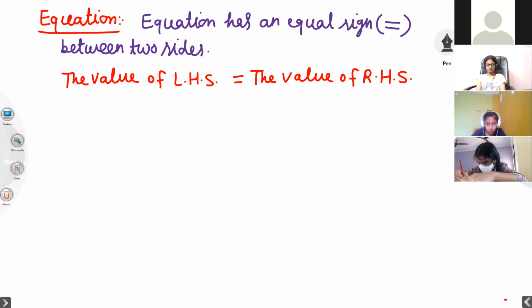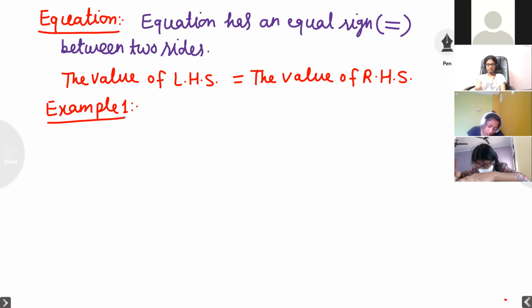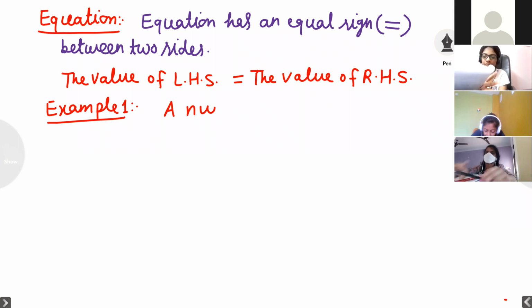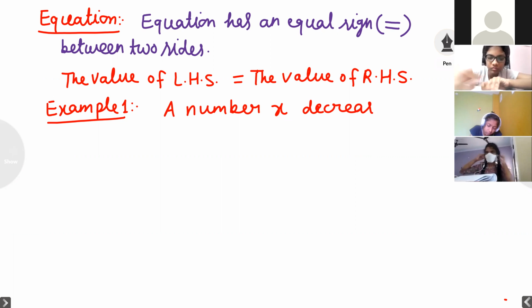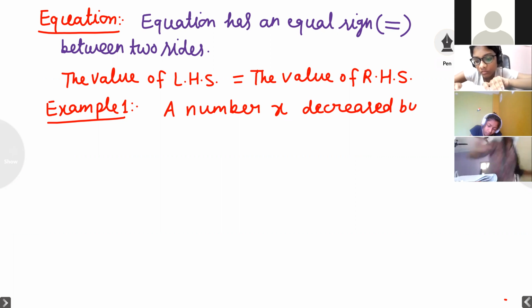Example: a number x decreased by 5 gives 10.